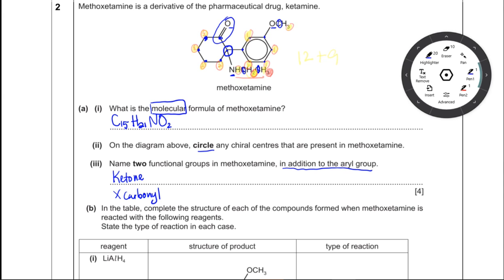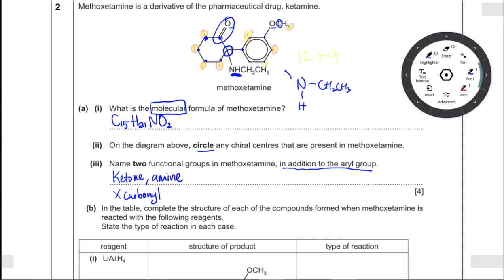Take note of that, and then followed by you have this. I'll just erase this. You have this NH. Now this NH is actually an N attached to an alkyl group, another alkyl group, which is the CH3, followed by a H. So this one is an amine.